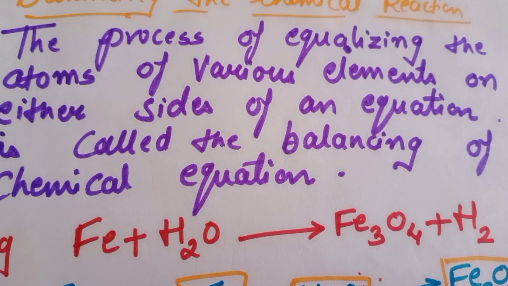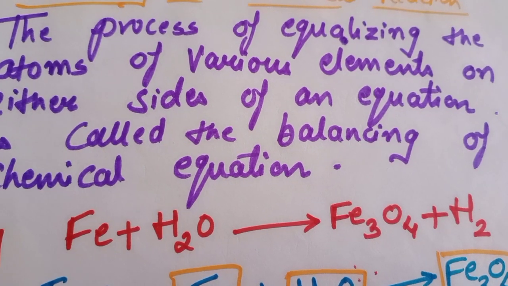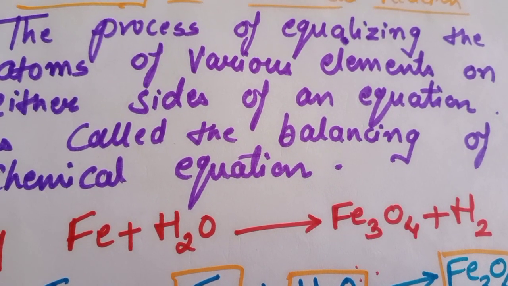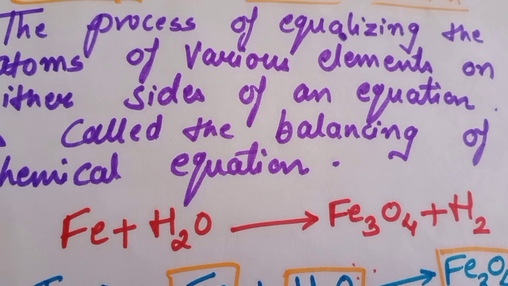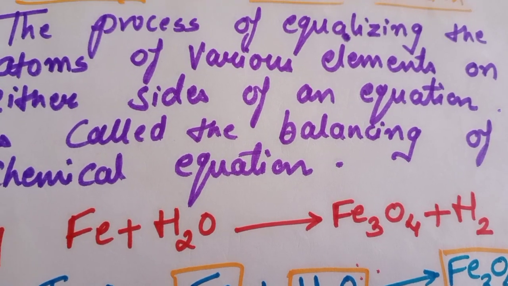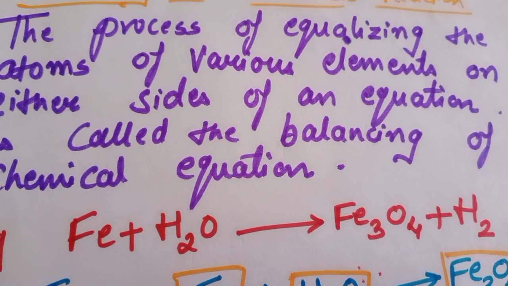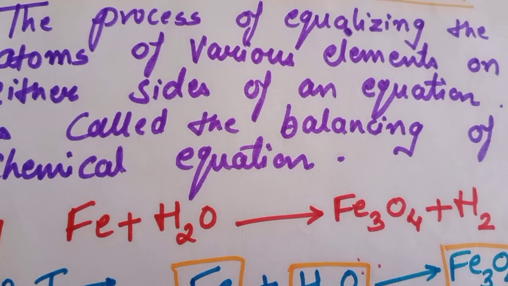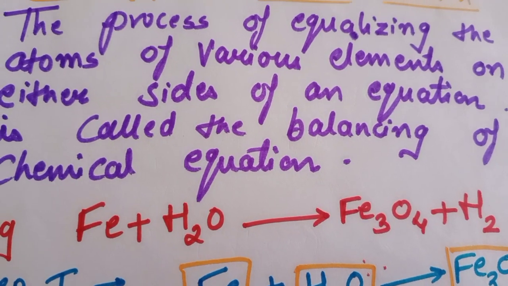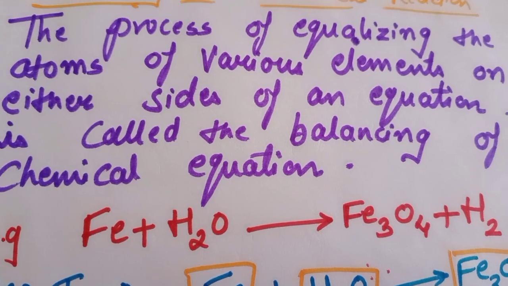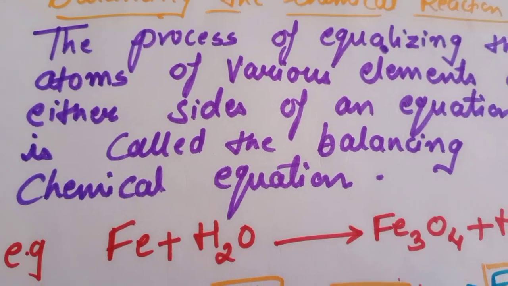You have to see the reactant side and the product side. The reaction should be balanced. There are a few steps to balance the chemical reaction that we are going to study.